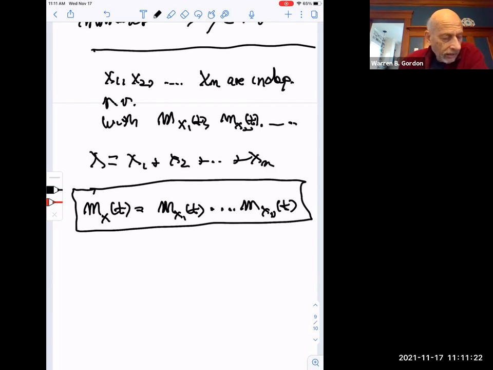So X is defined to be x1 plus up through x sub n.